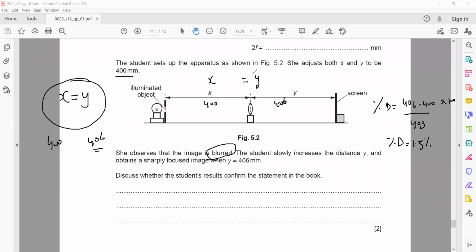When doing practicals, the values are not always correct because there are human errors as well. Maybe the apparatus has some error. So you always calculate a percentage difference when you're comparing two values. So what we'll say is: discuss whether the student's result confirms the statement in the book.